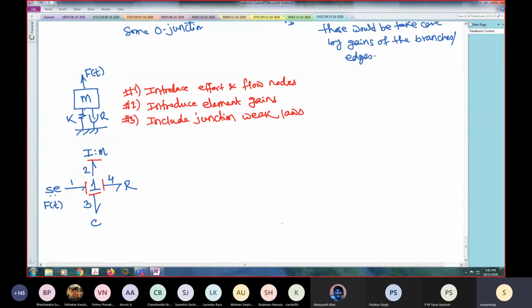So I will do that. I will introduce effort and flow nodes. We have a total of 4 bonds. That means we have 8 variables, 4 effort variables, 4 flow variables. Whatever sensor we want, we will put it afterwards. This is my sensor, let's say velocity.